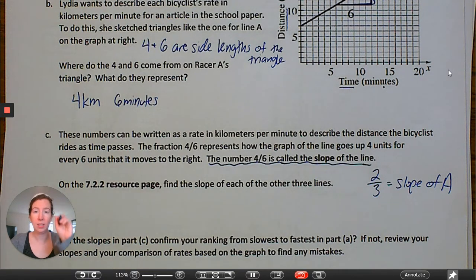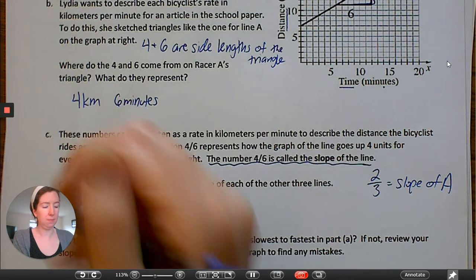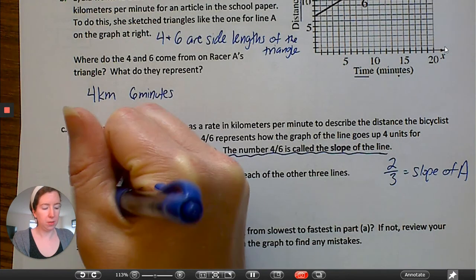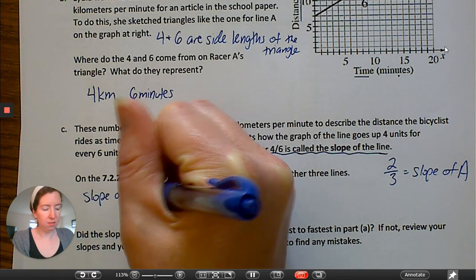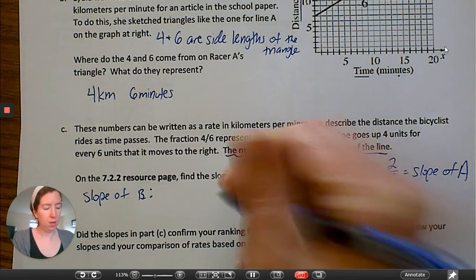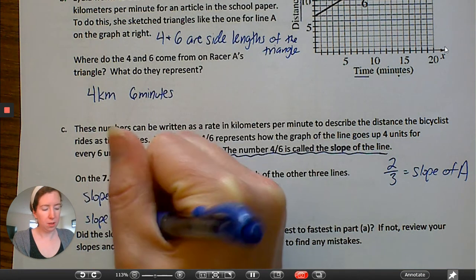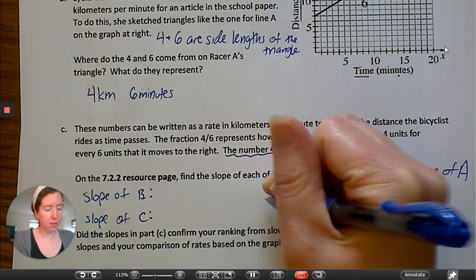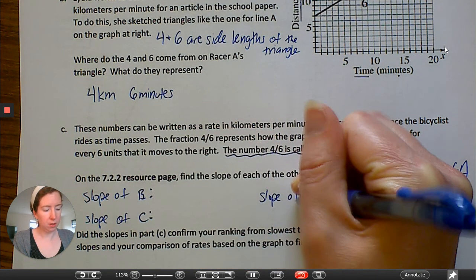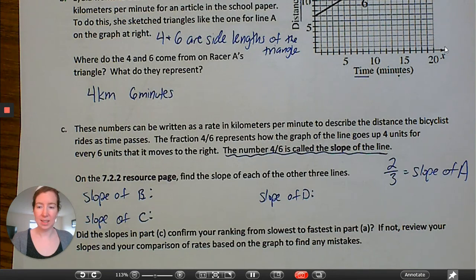We counted how long each of the sides were, and then we wrote that as a fraction and we reduced it. So now we want to see if we can find the slope of the other 3 lines. So we want to find the slope of B. We want to find the slope of C. And we want to find the slope of D.